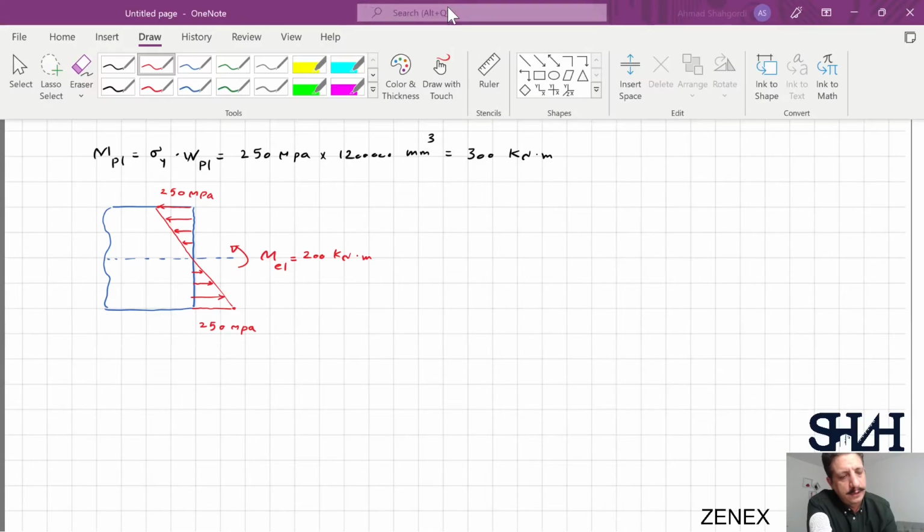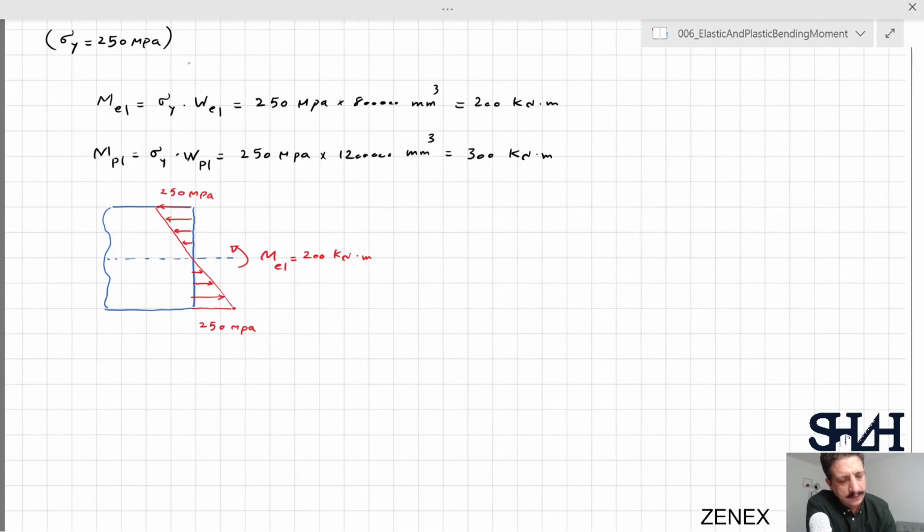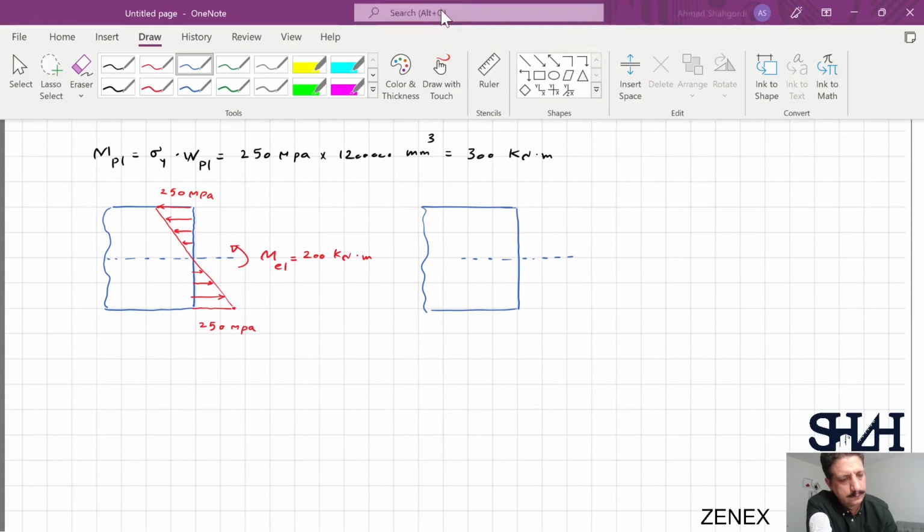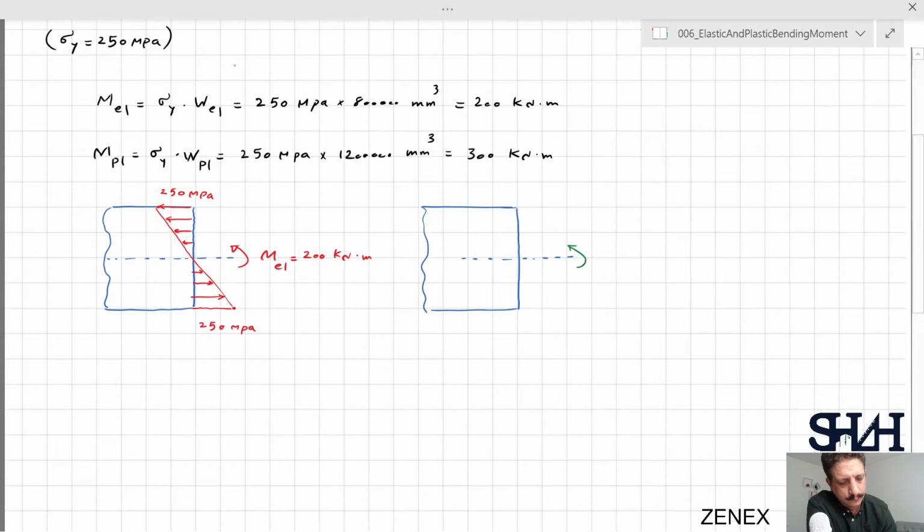And if we apply the bending moment in the plastic phase, or the plastic bending moment, which is 300 kilonewton meter, now all fibers are at their yield limit.